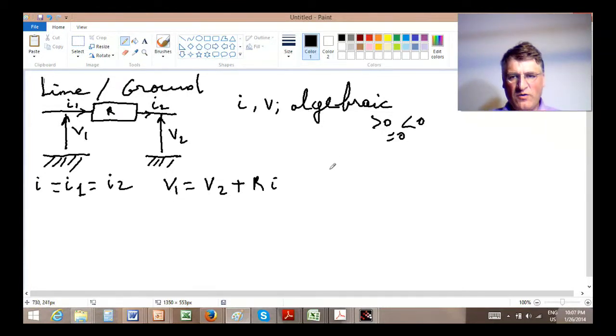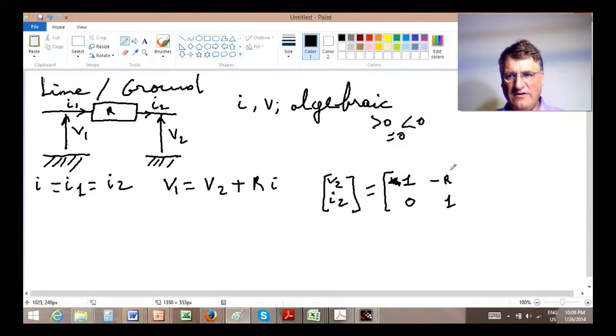Okay, so we can write this in matrix form, and we get that (V2, I2) will be equal to, sorry, it's going to be a matrix with rows (1, minus R) and (0, 1) times (V1, I1).